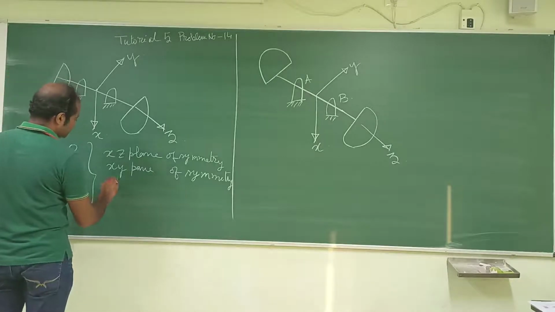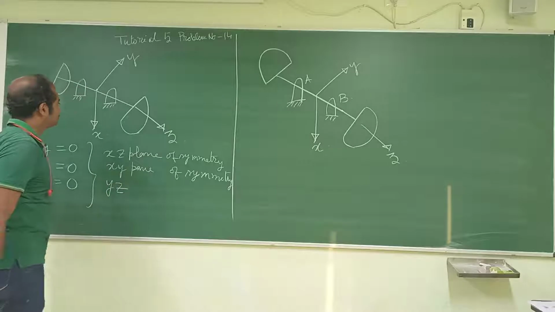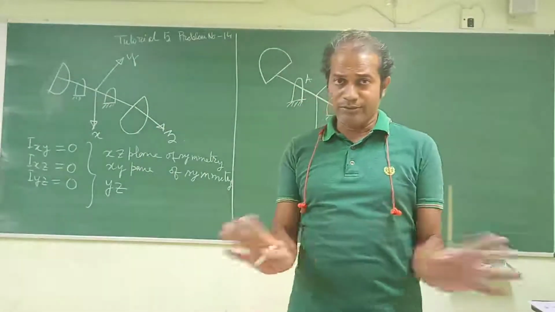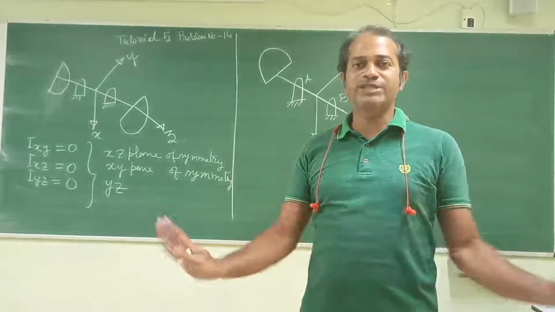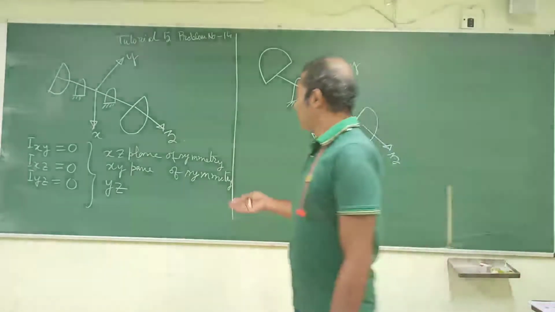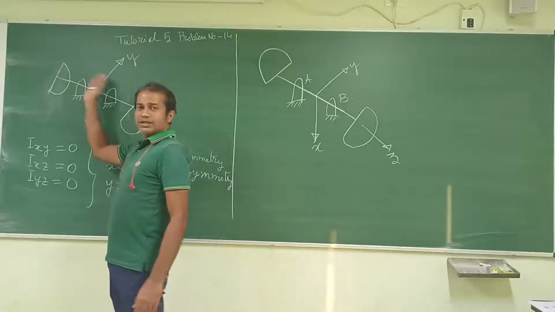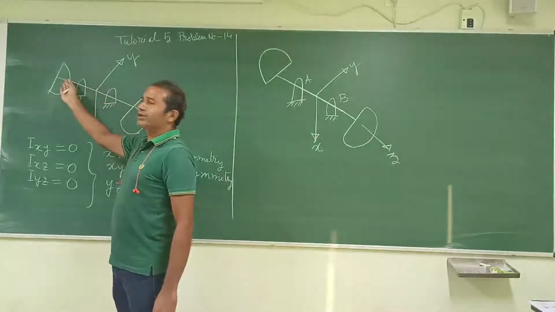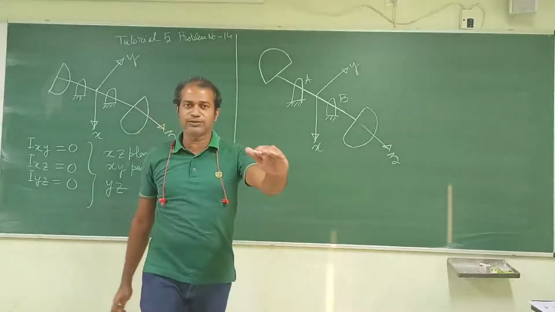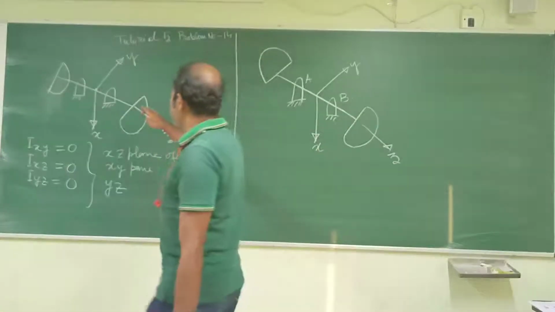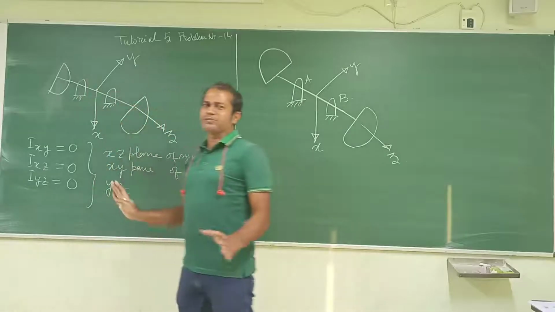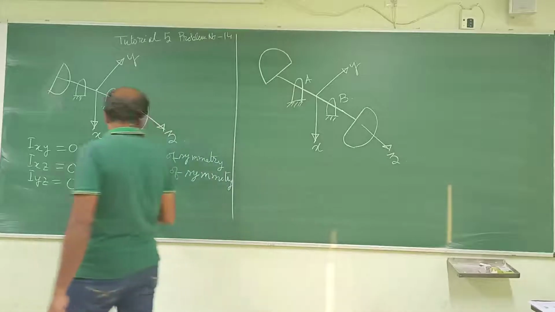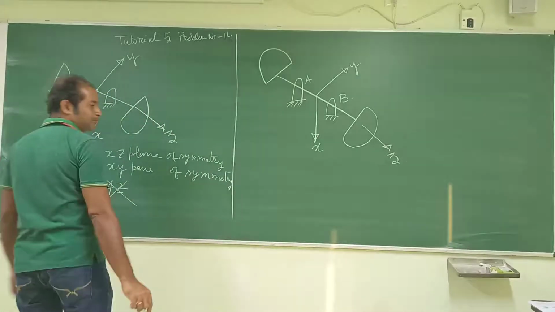That is the yz plane of symmetry. Is there any yz plane of symmetry? No, there is no yz plane of symmetry. Look carefully. In the yz plane nothing is there, because if you pass it through the G point, you are just going to get the trace of the shaft, and the disc might be a slight portion of it. No plane of symmetry, so this yz plane of symmetry doesn't exist.